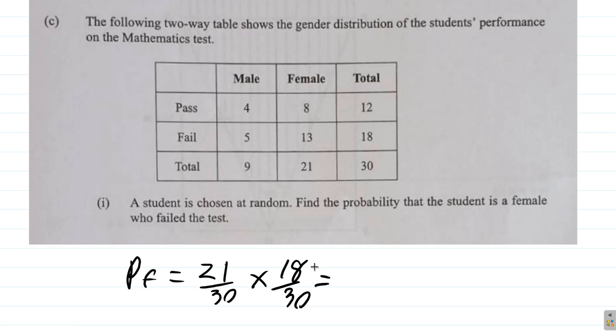And then there's a probability that that female also failed the test. So the probability of randomly choosing a student, and that student turned out to be female, is 21 out of 30 because there are 21 females. And the probability of a student failing the test is 18 out of 30 because 18 of them failed. So this is what we have.